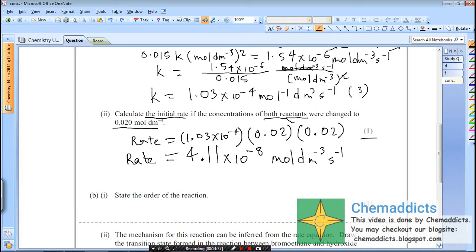So you need to mention the correct value as well as the correct unit. I hope that you have understood, fellas. Now let us move on to the next question.